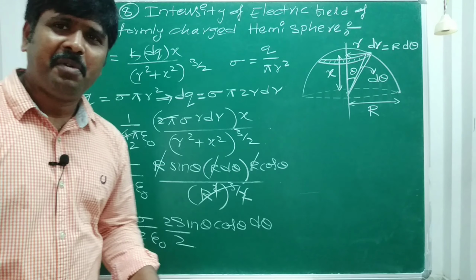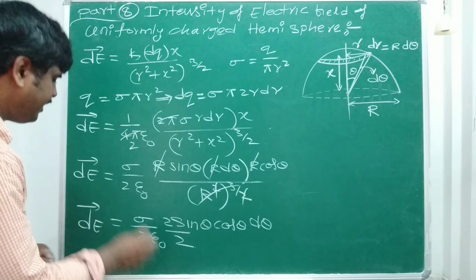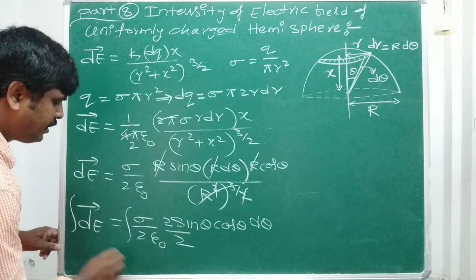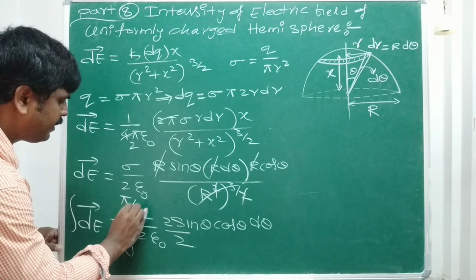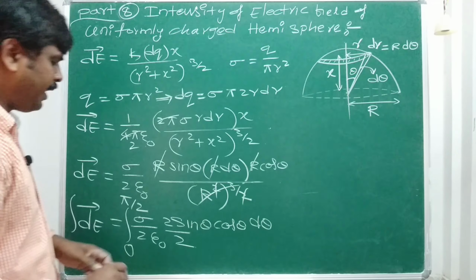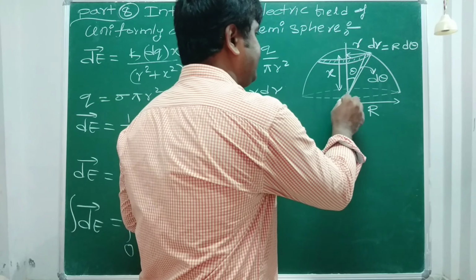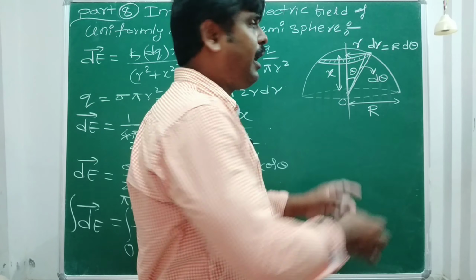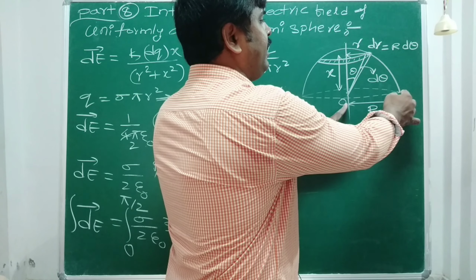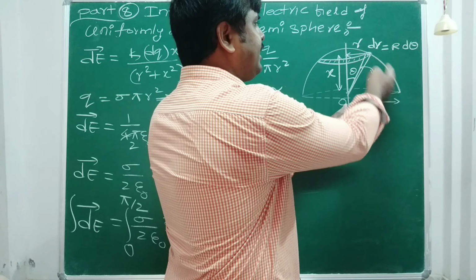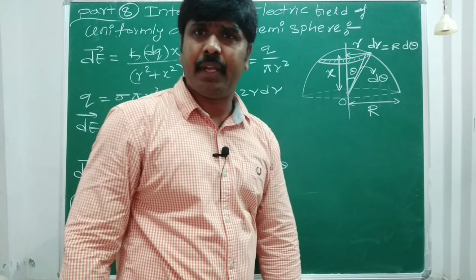And now continuation. See here, integration on both sides, 0 to pi divided by 2. Why 0 to pi by 2? This is the origin, and we are taking from the x axis to the y axis, that is 90 degrees, pi by 2.